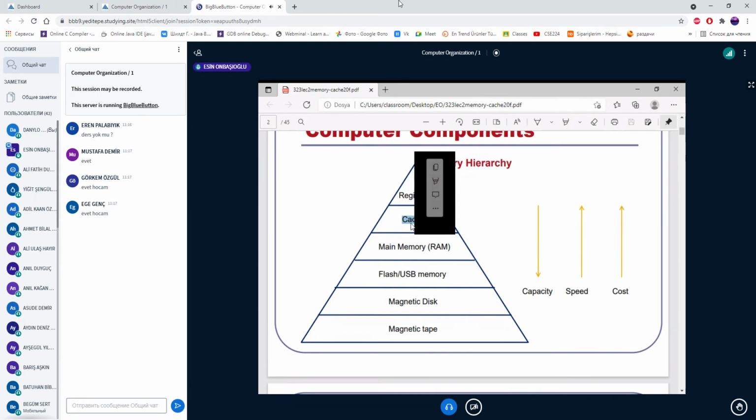So to decrease the data transfer time between the main memory and the CPU, another type of memory called cache memory is inserted in your computer system. Its size is larger than registers and smaller than main memory, and it is faster to access than the main memory.